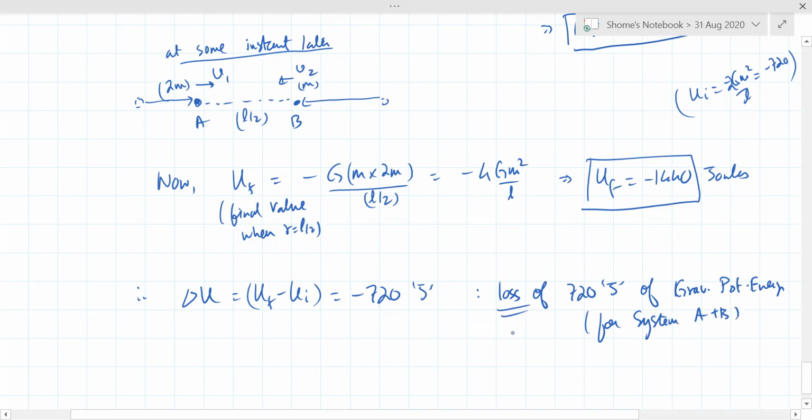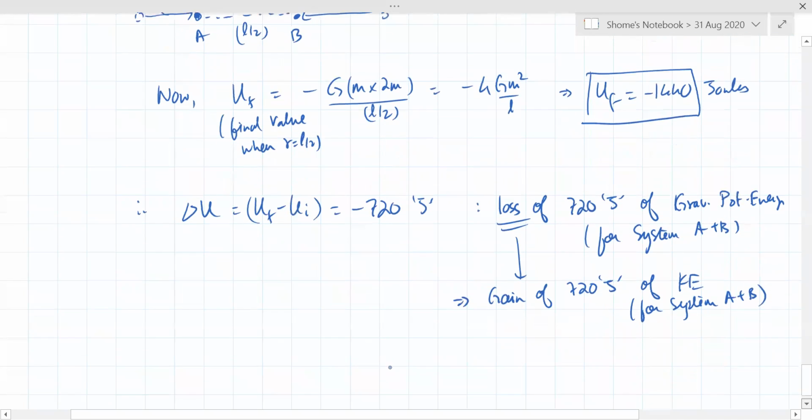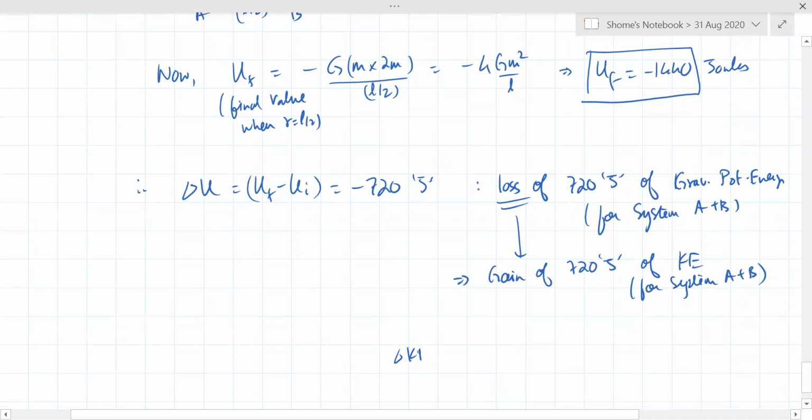So loss of this much means that there will be a gain of 720 joules of kinetic energy, again for the system A plus B. Okay. So now we can say that the change in kinetic energy plus the change in potential energy should be 0.